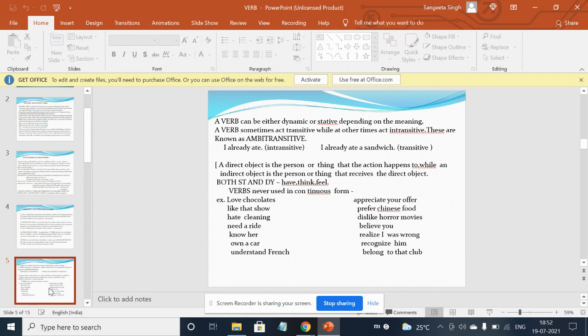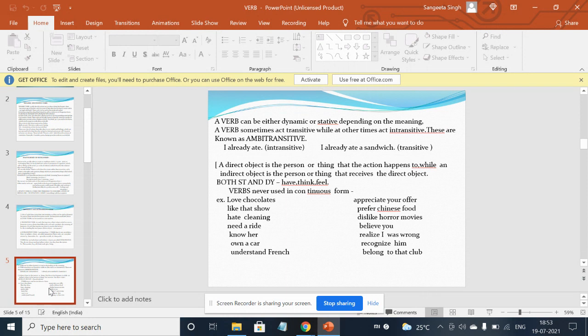Verbs that are both static and dynamic are have, think, feel. These verbs are used as both stative and dynamic verbs.